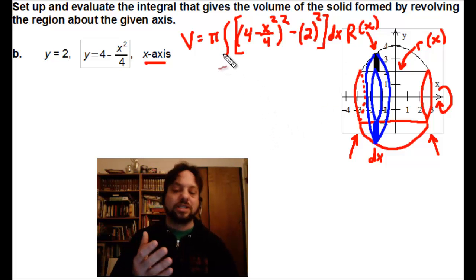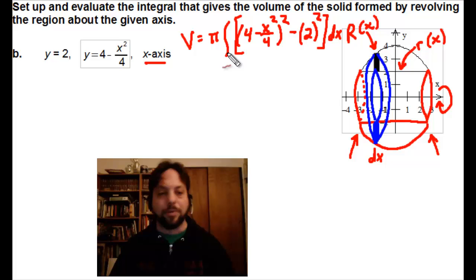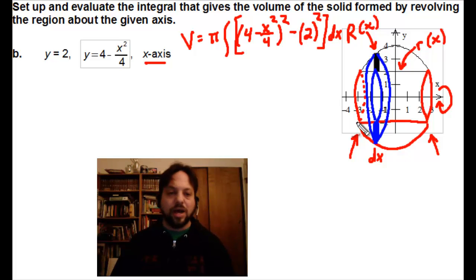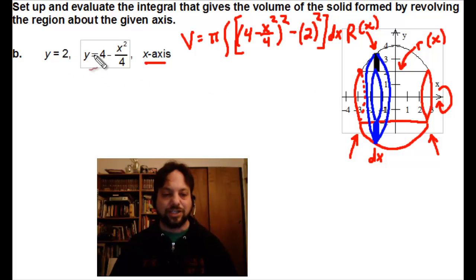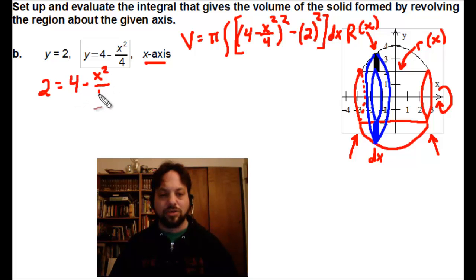Now, I do need to discuss my lower and upper bound here. I know it kind of looks like my lower bound is at x equals -3, but I'm going to argue that that's not necessarily the case. What we need to do is see where these two functions hit each other. And so if I set these two functions equal to each other, all I really need to do is solve for x, and I'll find my lower and upper bounds of integration.